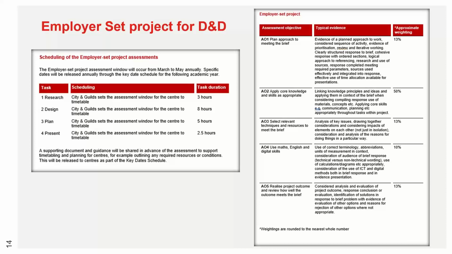Now, these assessment objectives and weightings for the ESP are going to become much clearer when we start to unpick how those marks are allocated against each of those assessment objectives and what is being assessed in each task, and just as importantly, what is not being assessed in each task, so you don't waste time on something that's not being taken into consideration with the examination and the marking there.